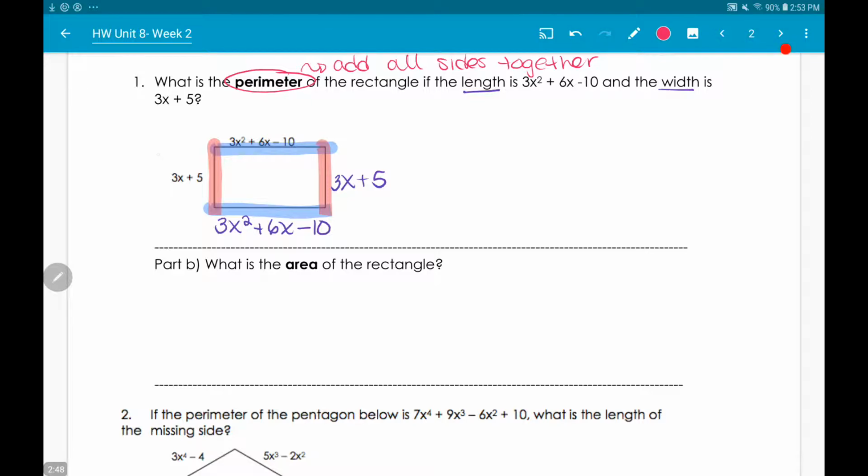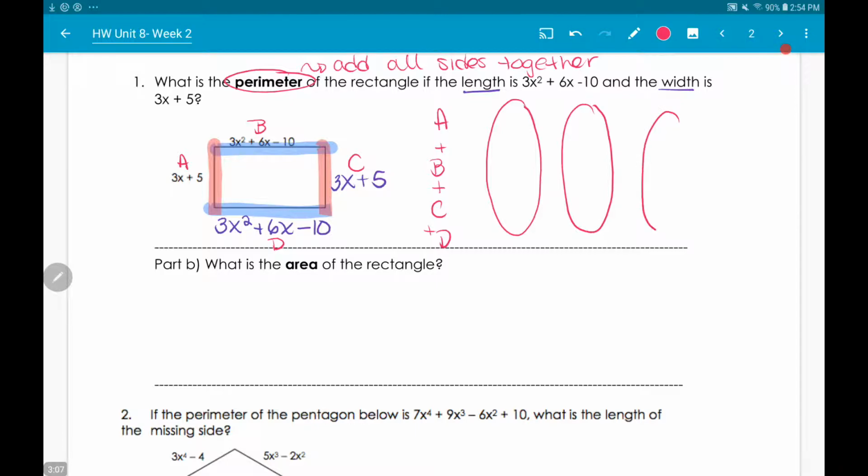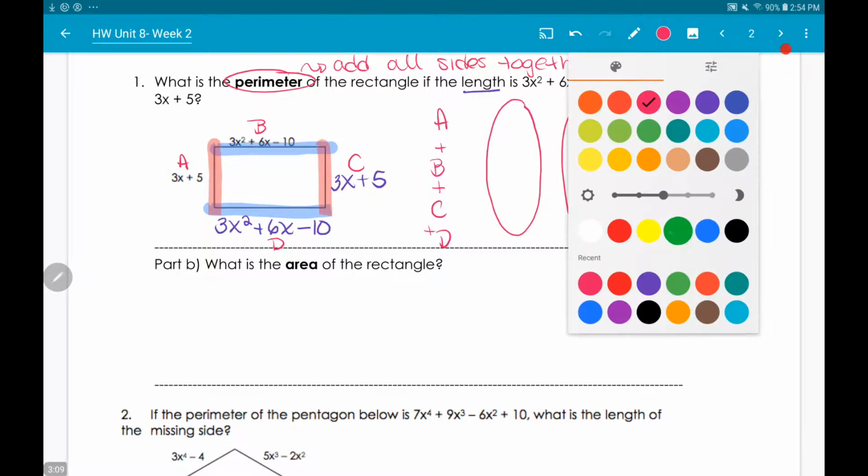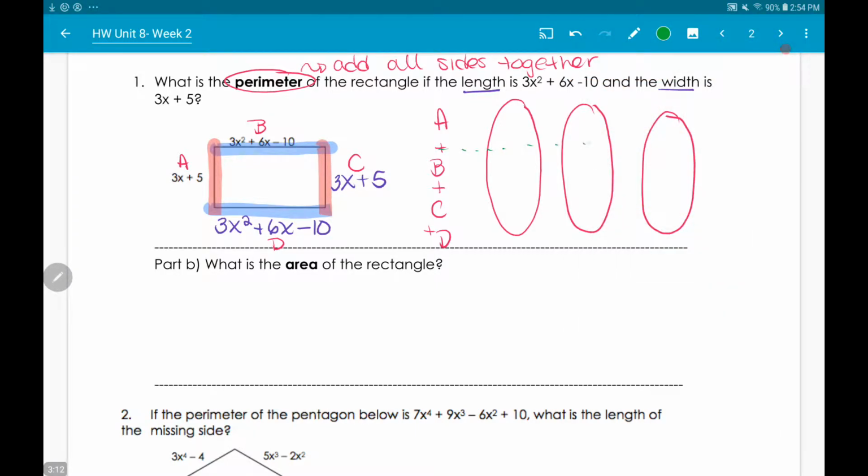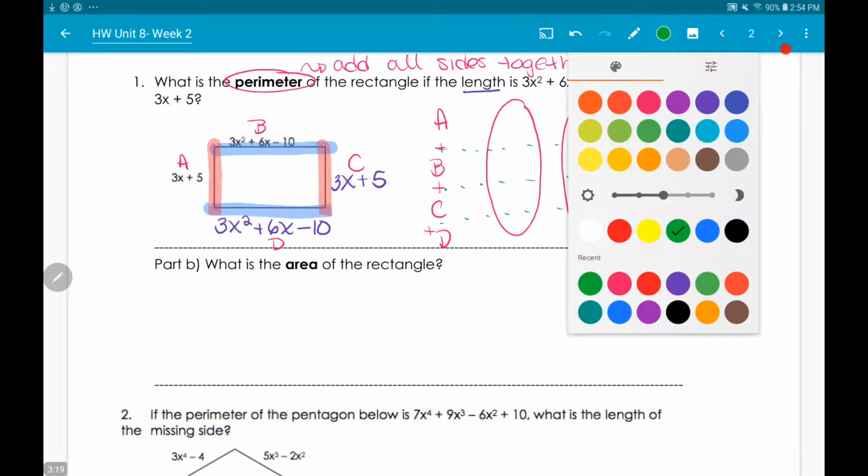All right, so let me call this side A, B, C, and D. So when I'm setting this up, I'm adding all 4 sides. All right, so I'm going to make my bubbles. And I'm just going to put little marks for all 4 things, so that way I don't forget to include anything.